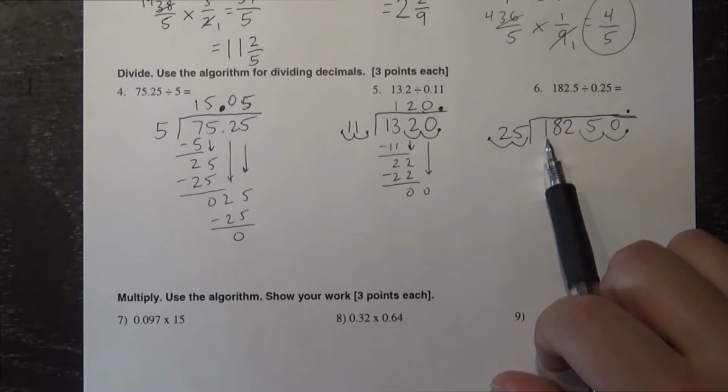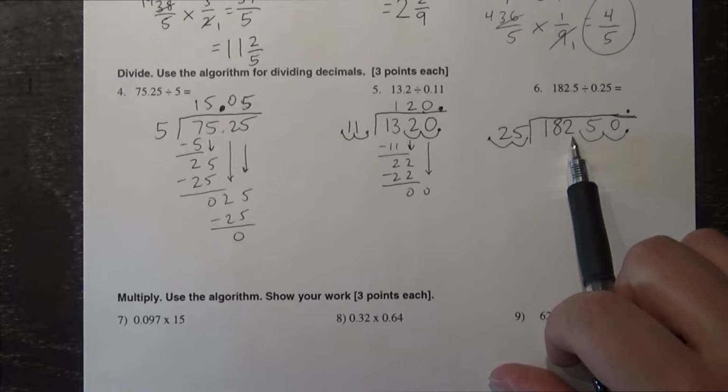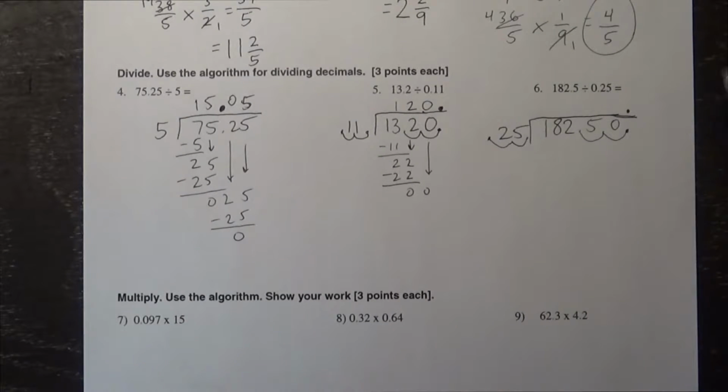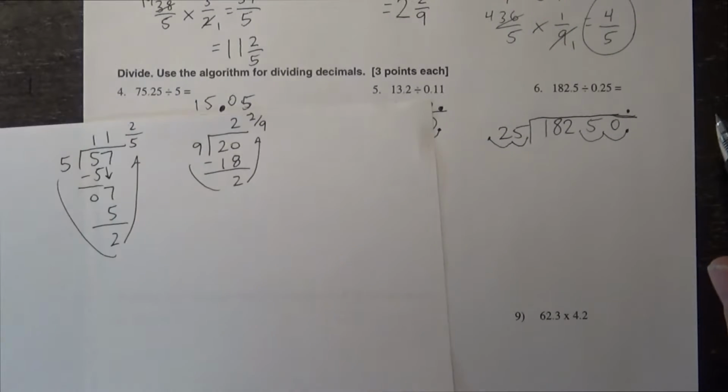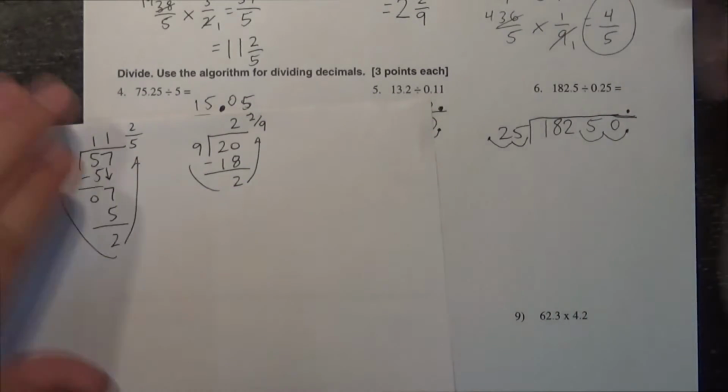25 doesn't go into 1. It doesn't go into 18, but it does go into 182. If you don't know how many times, you can guess and check, right? So I'm going to take a fantastic guess here. Maybe I'll say 7. I'm just feeling wild, right?